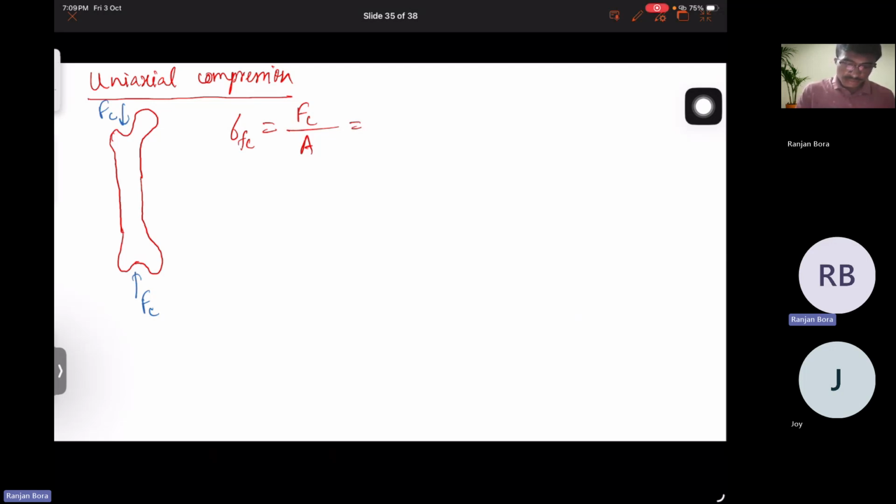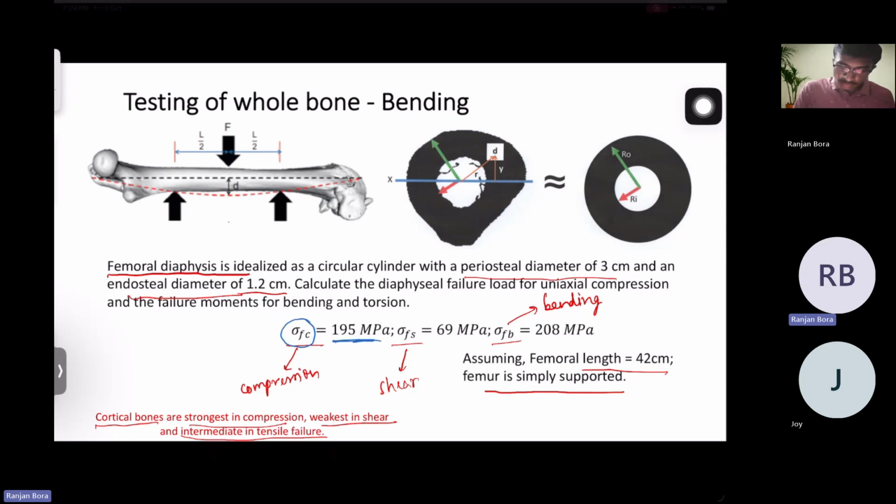Sigma FC is given and the area can be found from the diameter values, so it will be pi by 4 times d naught square minus d_i square.